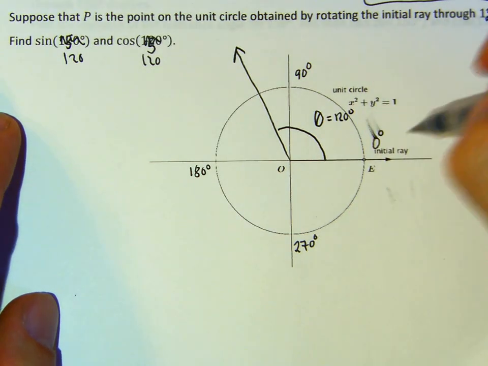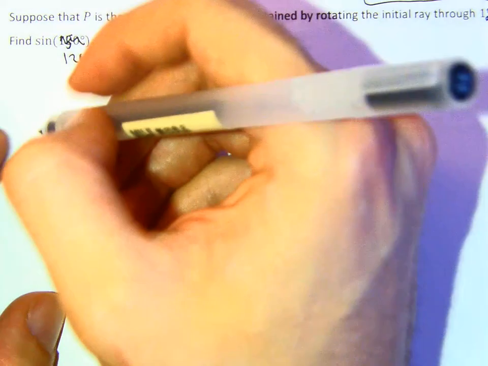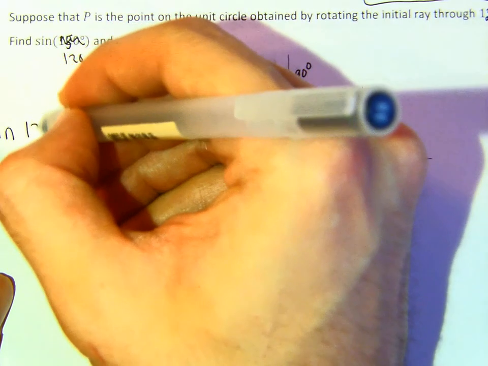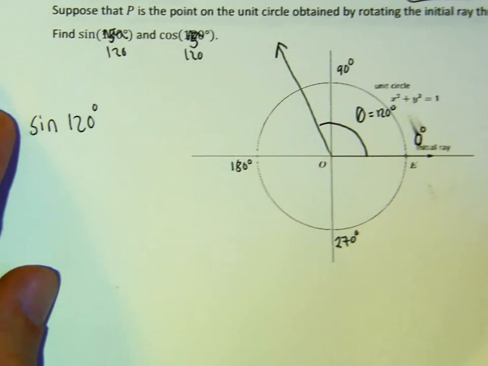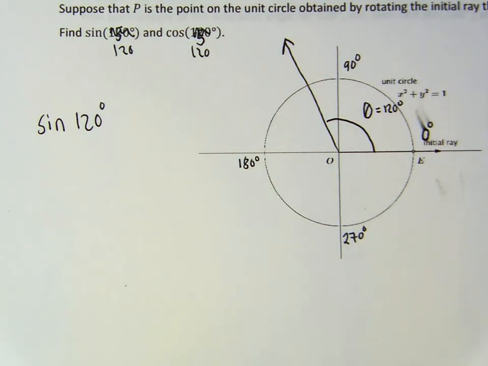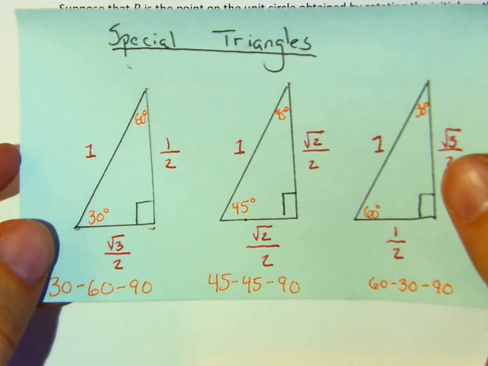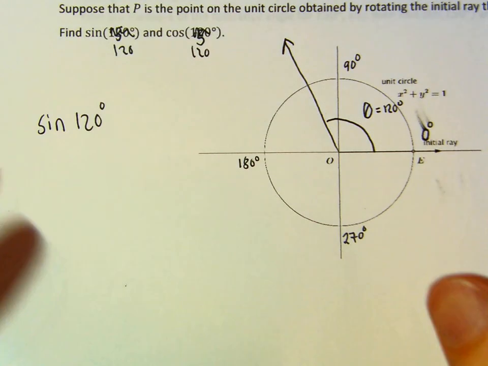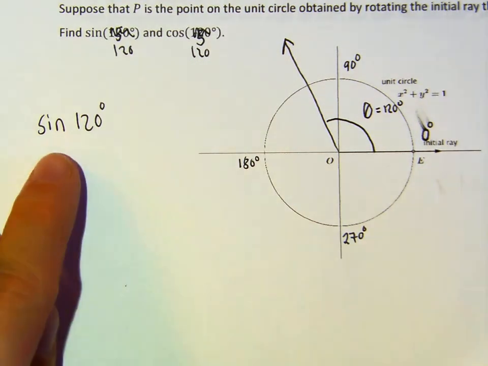But if we wanted to calculate what is sine of 120 degrees, how do we do that? Previously, we had our special triangles, right? What were our special triangles? They looked something like this. Now, how do we find sine of 120 degrees?